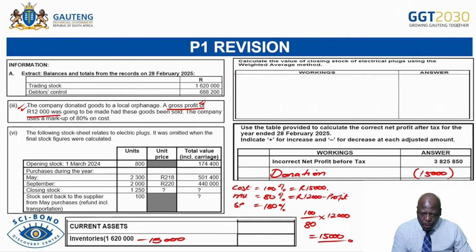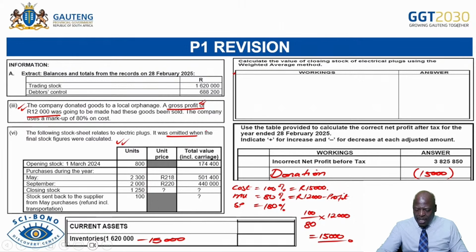Let's come to the next part now. We are told the following stock sheet relates to electric plugs. It was omitted when the final stock figures were calculated. I think you've seen several of these where they say the stock was omitted, or destroyed, or miscalculated.